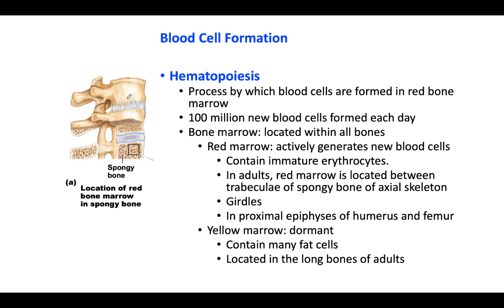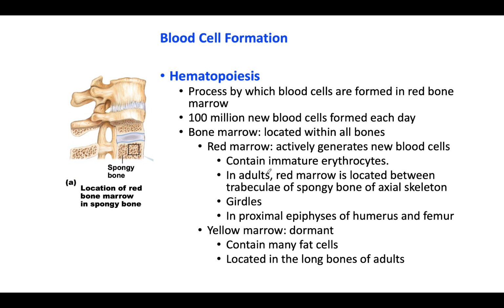Here's bone and bone marrow located within all bones. There are two kinds of bone marrow, red bone marrow and yellow bone marrow. Red bone marrow actively generates new blood cells.